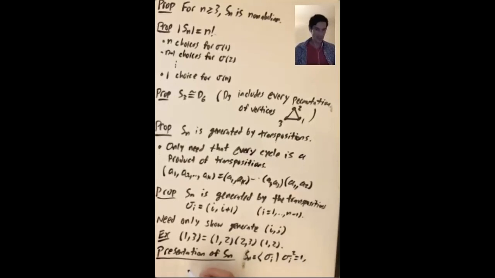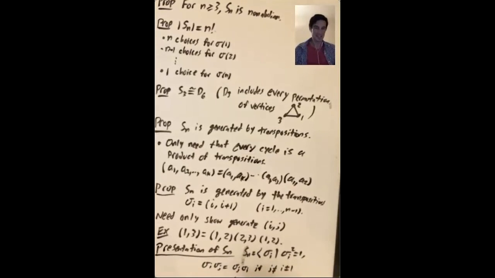And sigma i sigma j equals sigma j sigma i if j is not equal to i plus or minus 1. Because then these special sigma i transpositions will be products of disjoint cycles, so they'll commute.